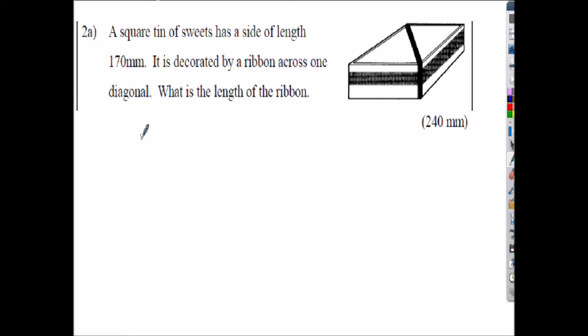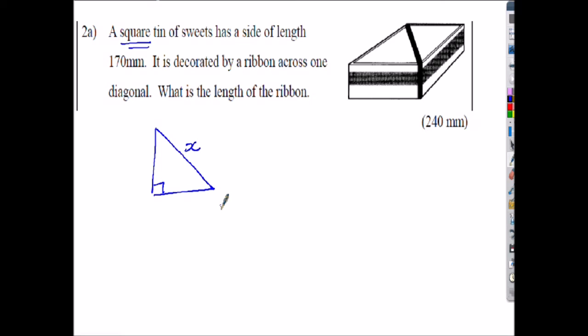In question 2a, we need to be very careful how we read the question. It says that a square tin of sweets has a side length of 170 millimeters. We've got to find the length of the ribbon across the diagonals. So taking that portion of the tin, this is the ribbon on the hypotenuse across here. I will call that x in this case.